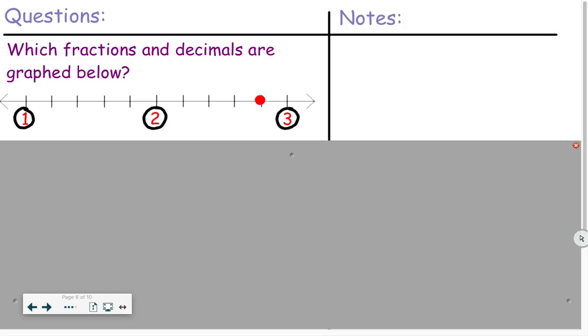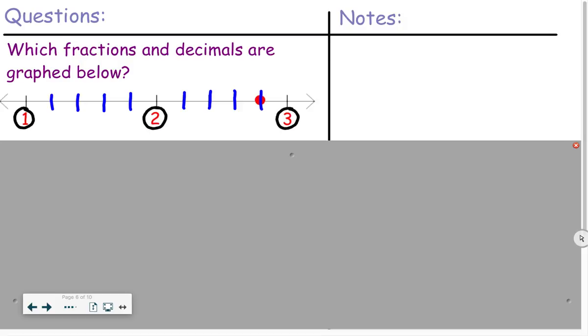Then the important part is how many lines go in between each number. So in between 1 and 2, there are 4 lines, and in between 2 and 3, there are 4 lines. There's always going to be the same number of lines in between each integer. So make sure you put 4 lines in between each integer, and then put the red dot where my red dot is located.